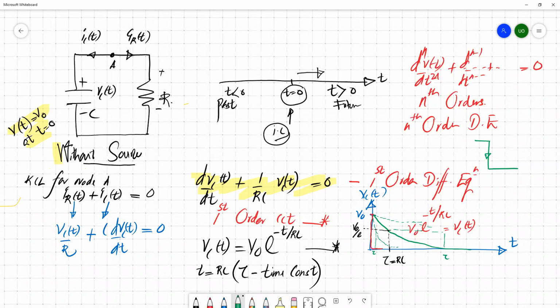By looking at the time constant, we can argue whether the capacitor can charge or discharge immediately or whether it takes a certain amount of time.